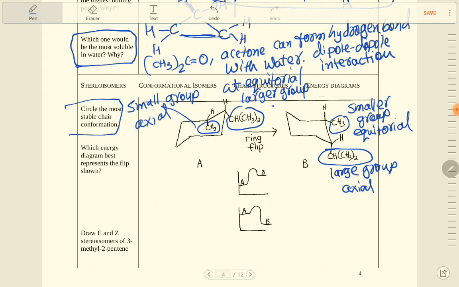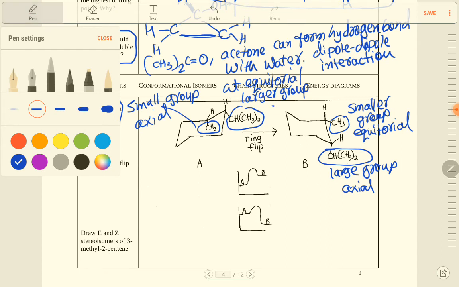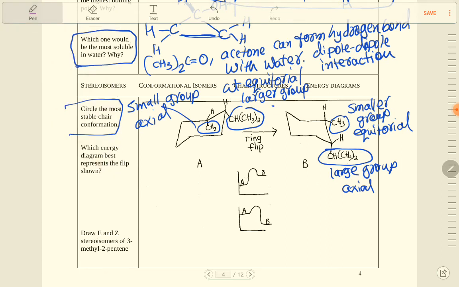So when you compare, usually the larger group at equatorial is more stable. So in this one, the large group is more stable because it is at equatorial position. That's why this is more stable.